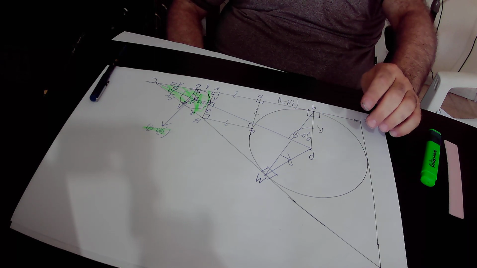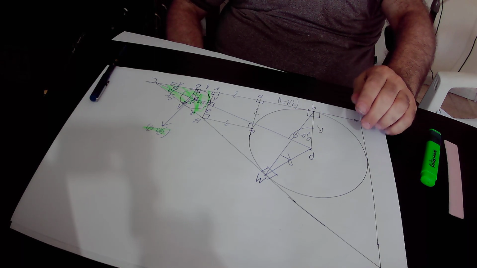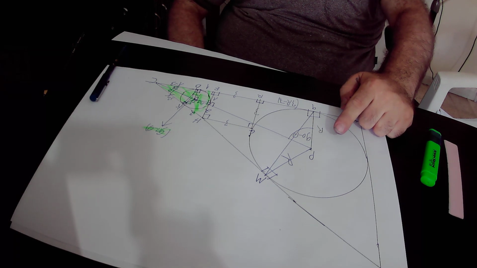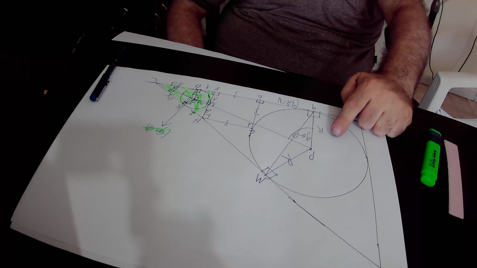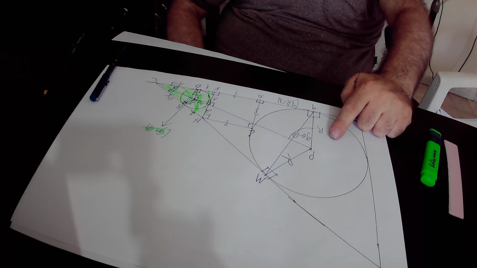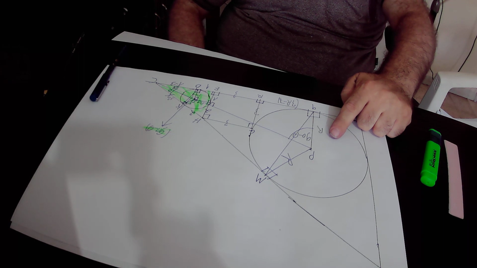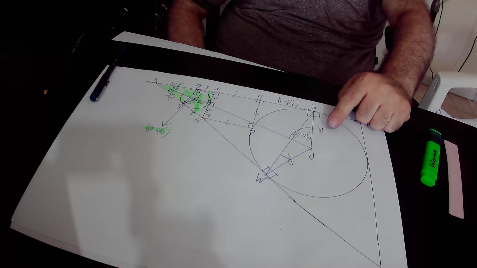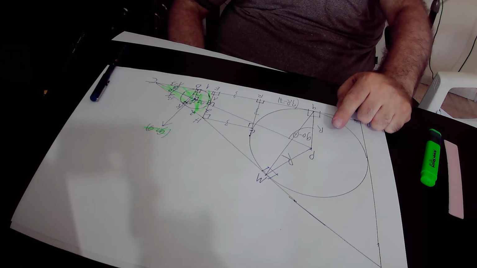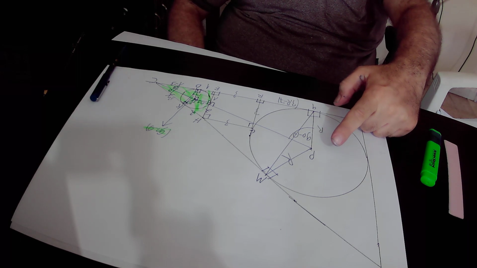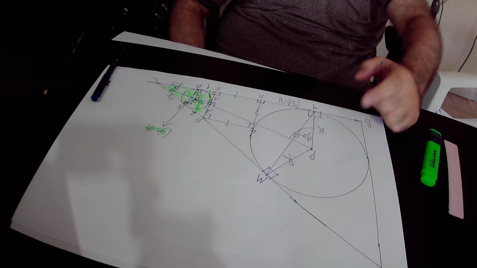The first case is that the radius of this big circle is less than 3 units. The second case is that the radius is equal to 3 units, and finally the third case is that the radius is greater than 3 units.